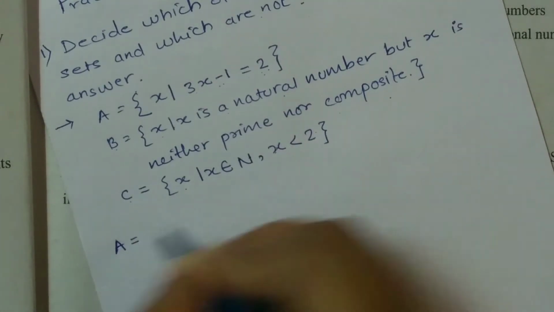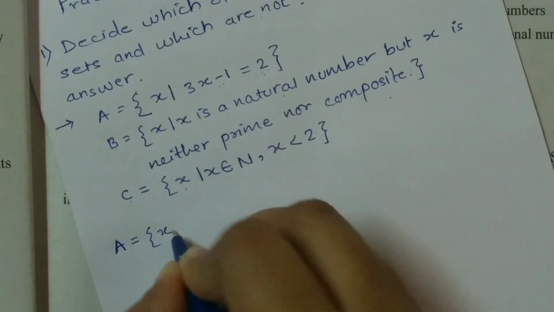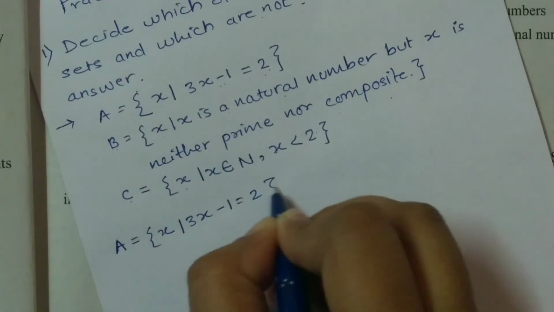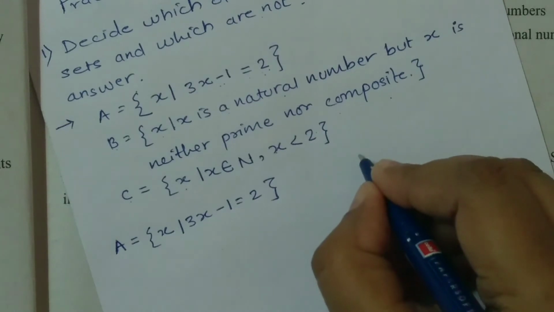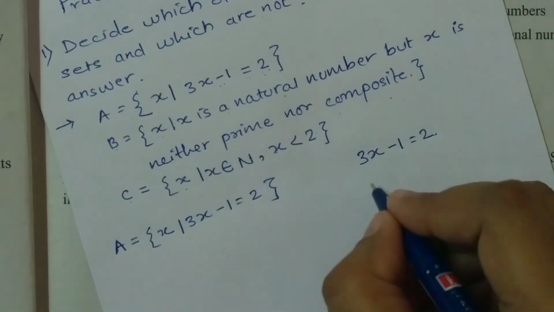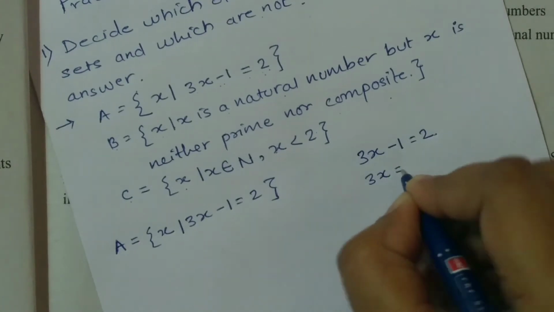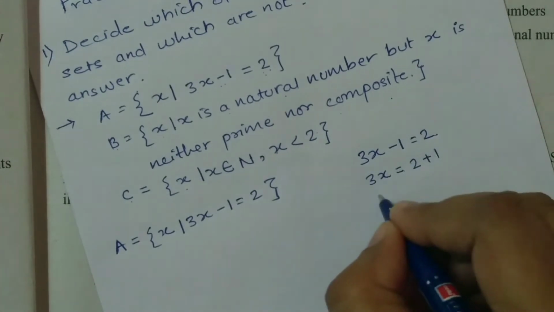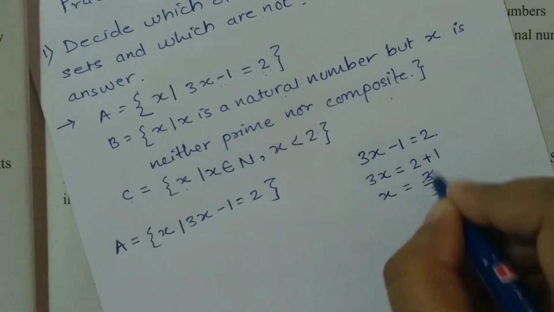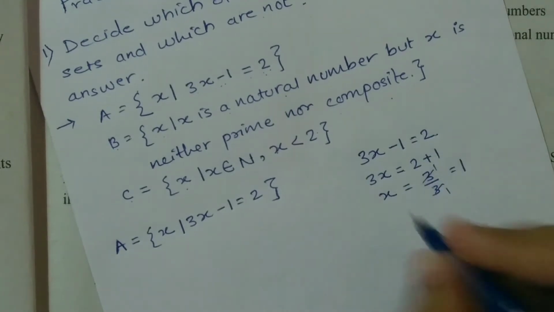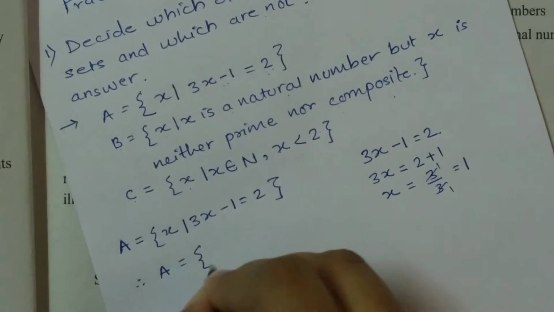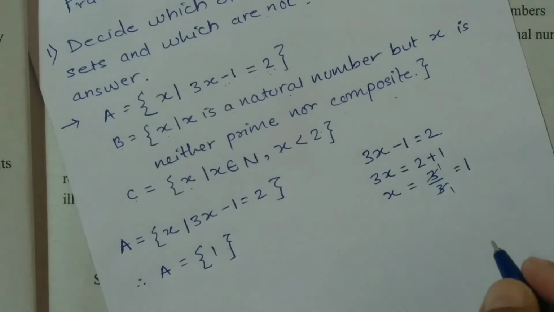A is equal to the set of all x such that 3x minus 1 is equal to 2. We need to solve this. 3x minus 1 is equal to 2. 3x is equal to 2 plus 1. x is equal to 3 upon 3, which is equal to 1. So, set A is equal to {1}.